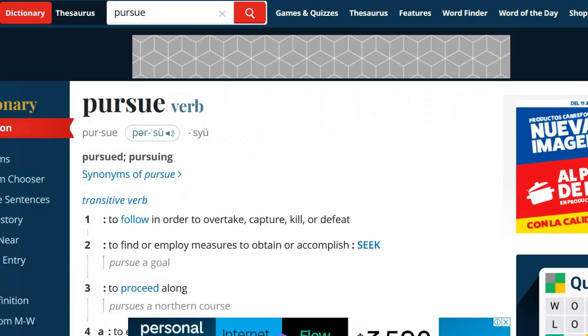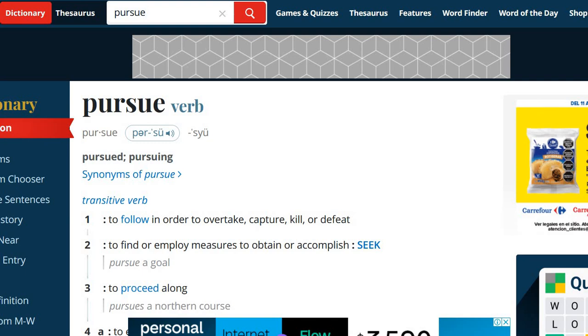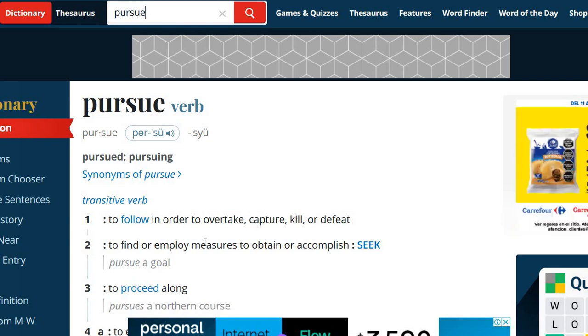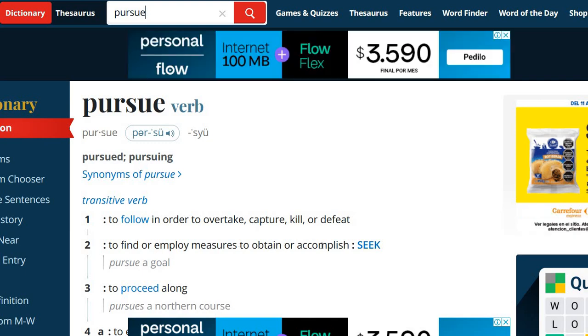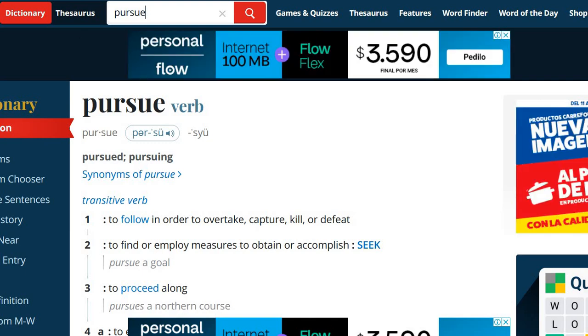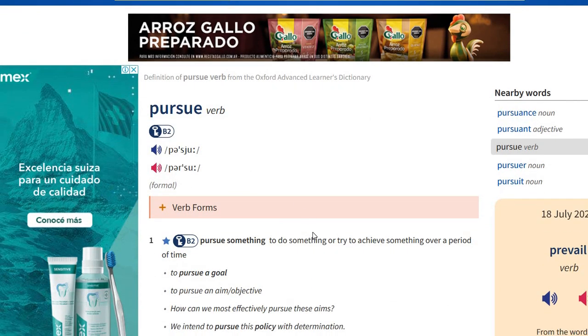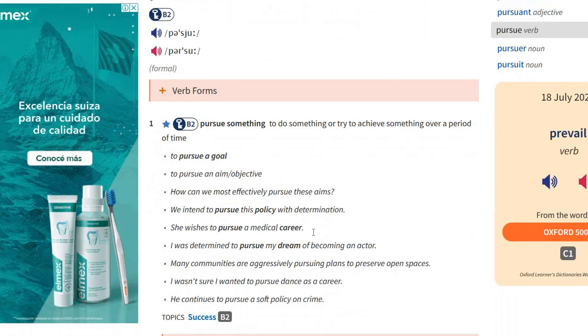Remember also you have Merriam-Webster dictionary here with, notice the difference in the type of definition, right? To follow in order to overtake, capture, kill, or defeat, to find or employ measures, or, sorry, to obtain or accomplish, to proceed along. And notice that the language here is much simpler, to do something or to try to achieve something over a period of time, right?